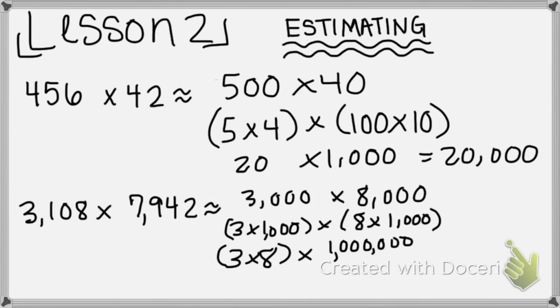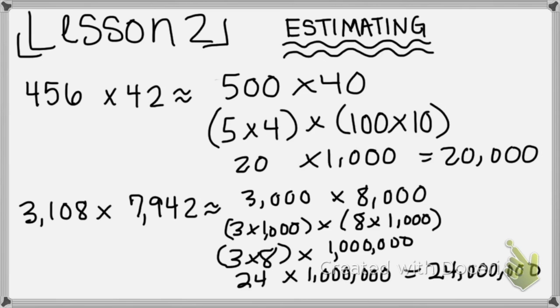So 3 times 8 is 24. When we multiply that by 1,000,000, we get 24 million as our estimated answer.